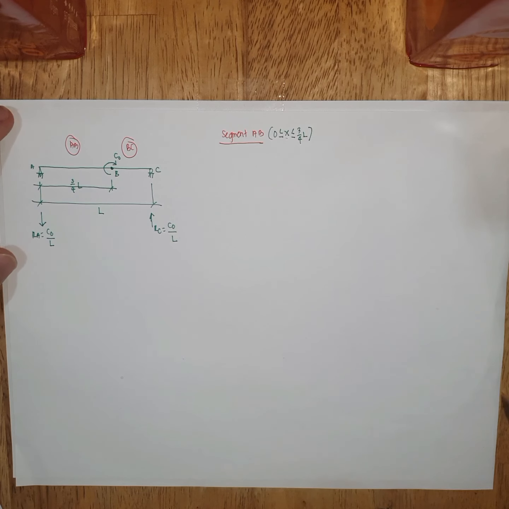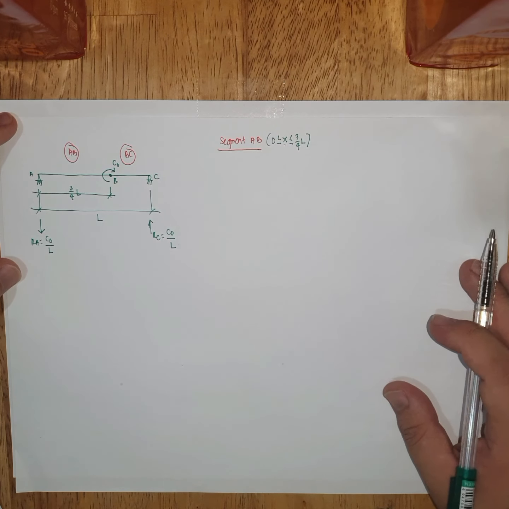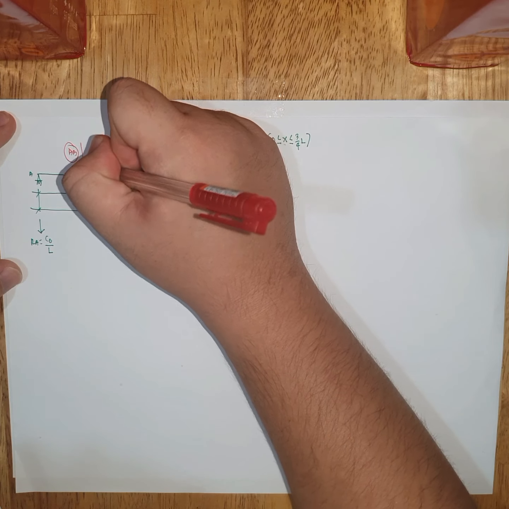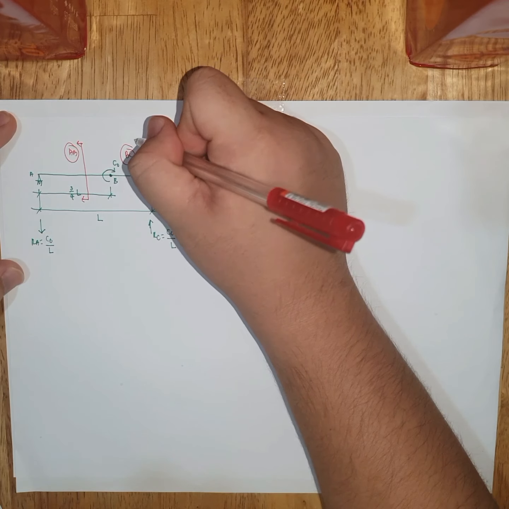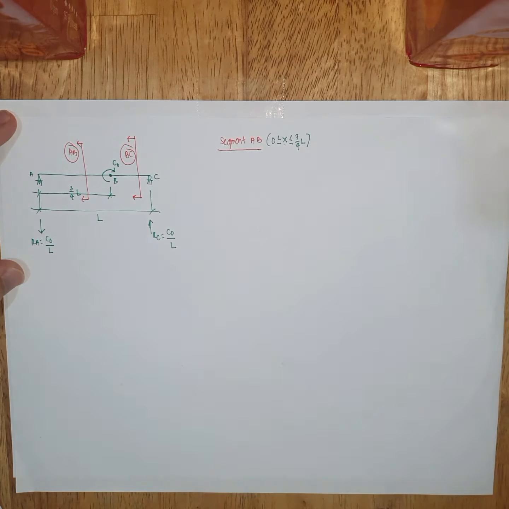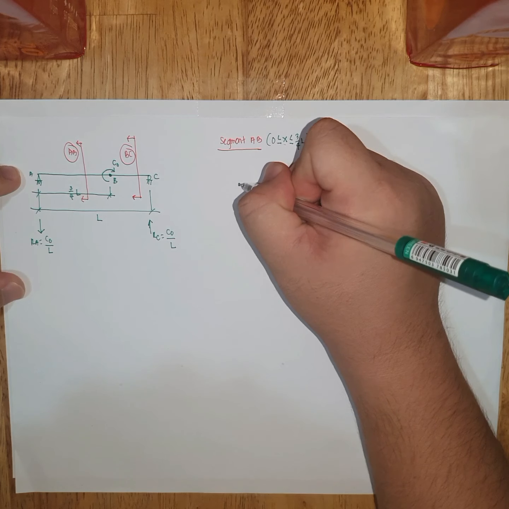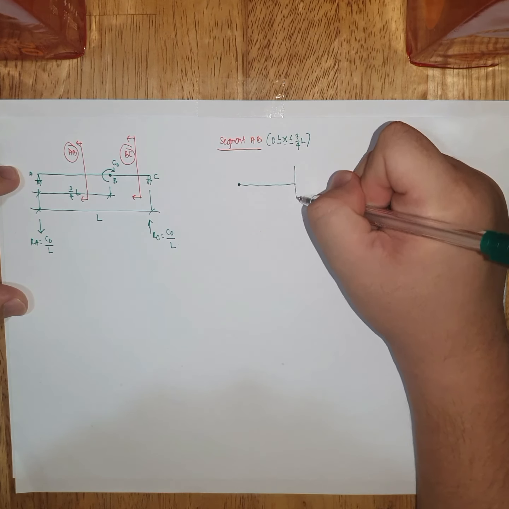Mag-identify. So, ngayon kunin natin yung free body diagram. So, mag-create tayo ng cutting plane ulit, kada segment, di ba? Imaginary cutting plane. Okay? So, pagkuha natin yung A to B, matitira sa kanya, free body diagram natin. Ito yung A, and ito yung cutting plane natin.